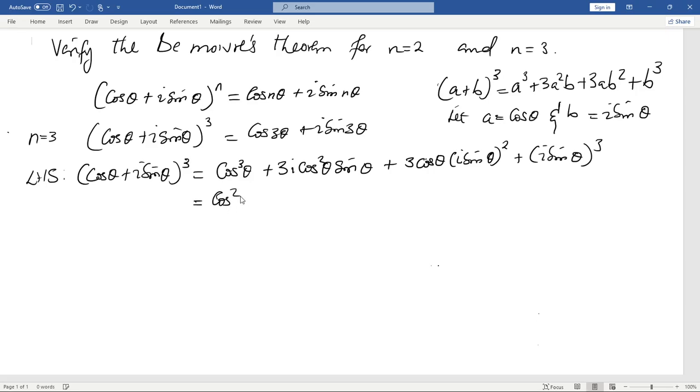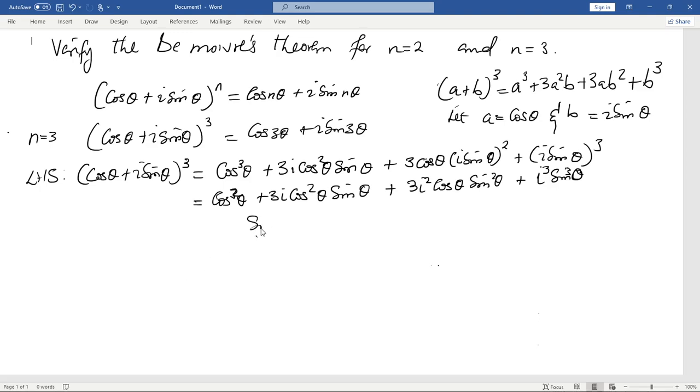We have cos cubed theta, plus 3i cos squared theta sin theta, plus a 3i squared cos theta sin squared theta, plus i to the power 3 sin cubed theta.